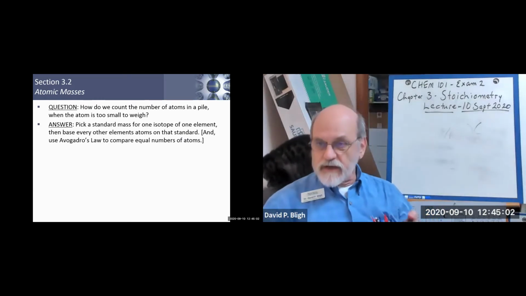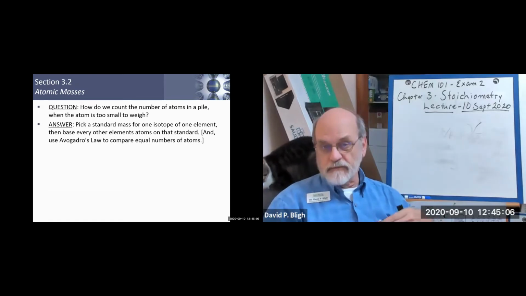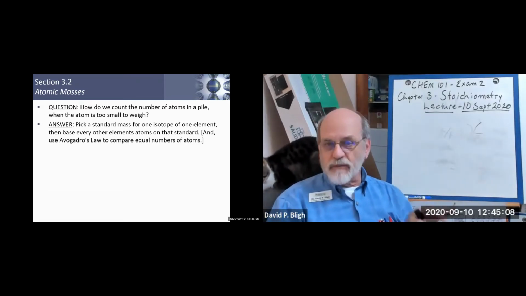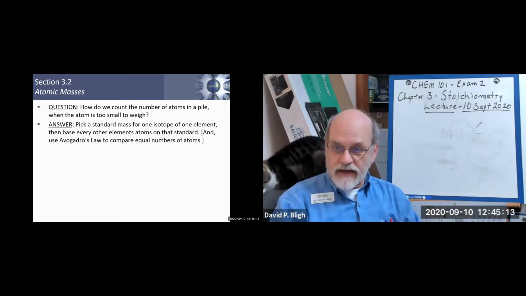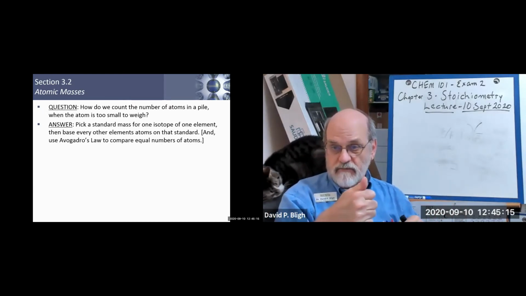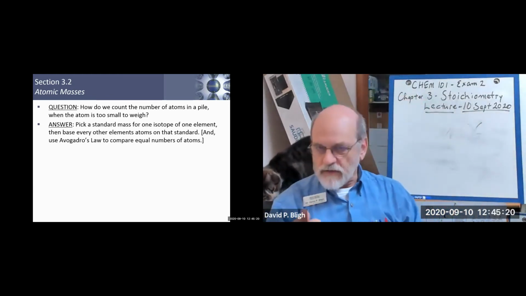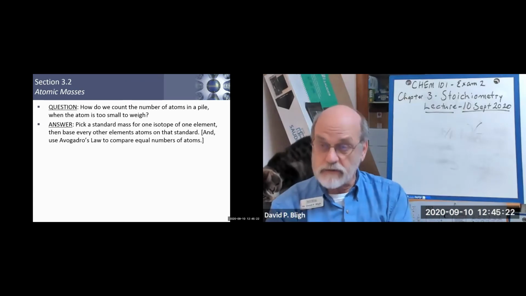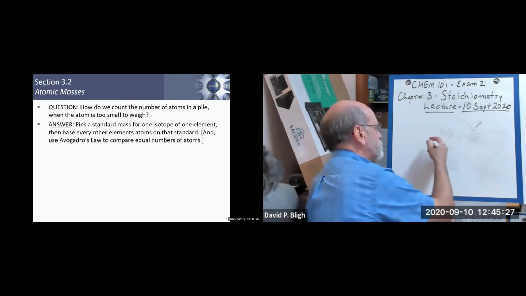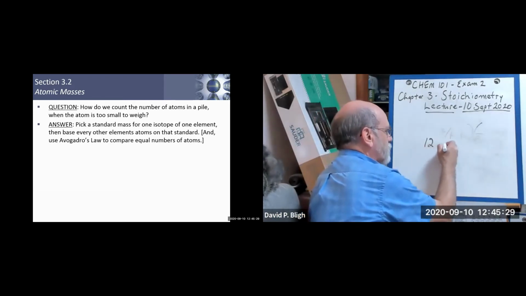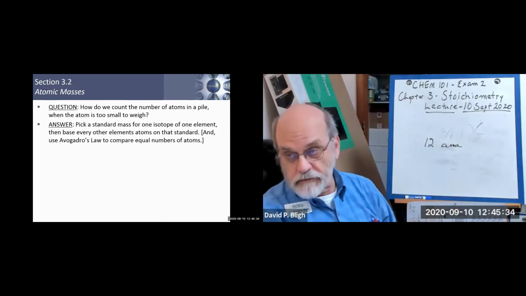The answer is we use relative terms. We pick a standard mass for one isotope of one element and use that as our anchor point. And we're going to say that this standard isotope actually weighs 12 atomic mass units.